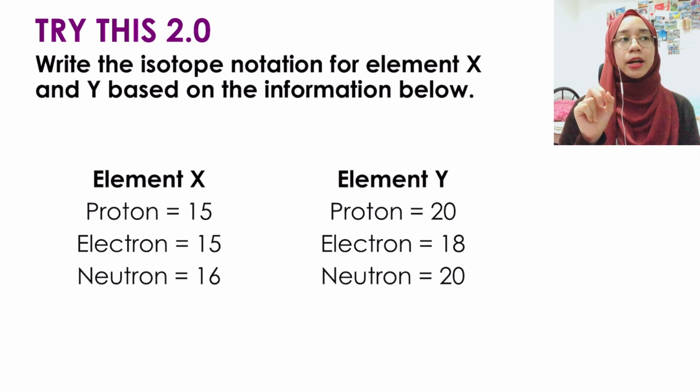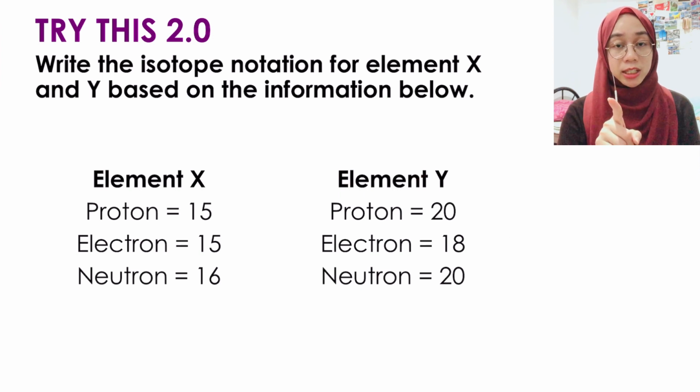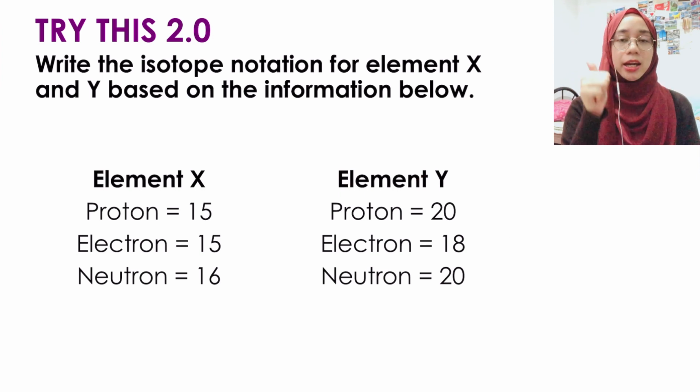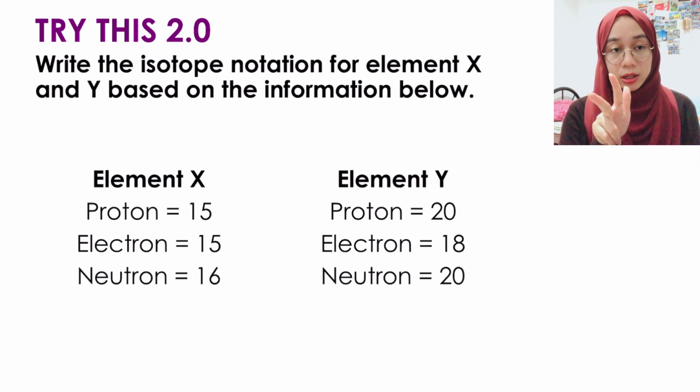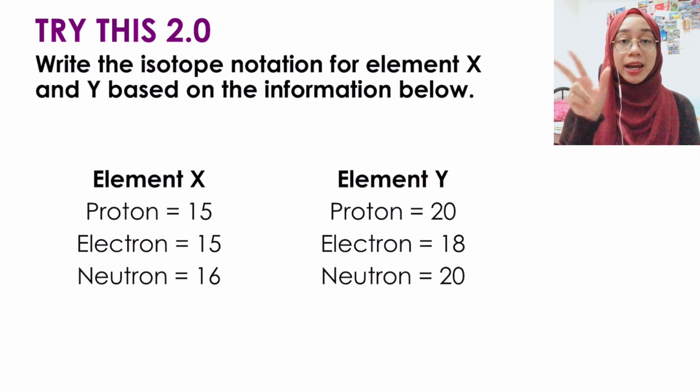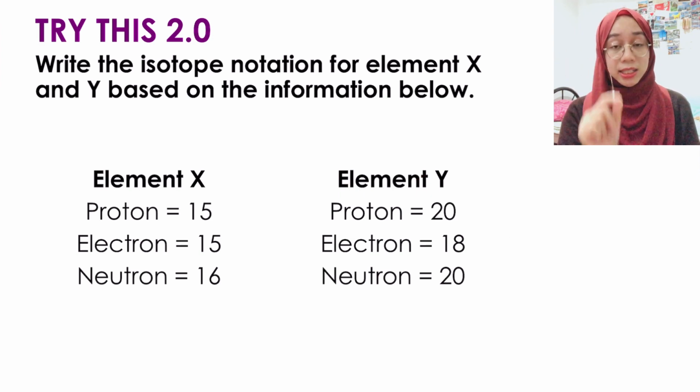And then last kali kita dah belajar macam mana nak tulis isotope notation tadi. So isotope notation basically kena ada simbol dia, and then kena ada nucleon number on the top left, and then kita kena ada proton number on the bottom left, and then kalau ada charge, kita akan letak dekat top right dia.